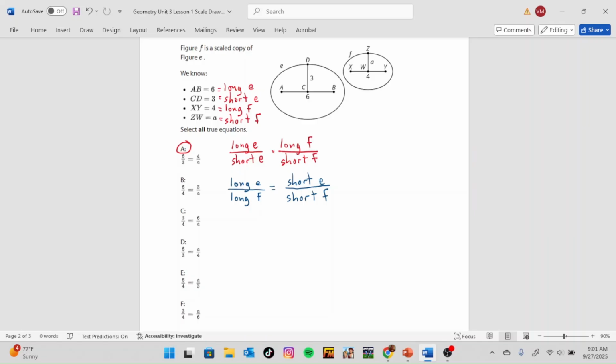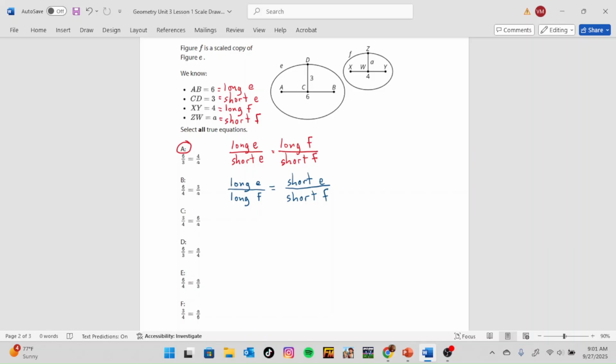So we are comparing the ratio of the long part of one oval to the long part of the other oval, and we're saying that that relationship should be the same as the short part of E compared to the short part of F. And again, this would be correct.